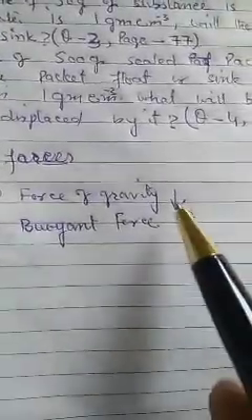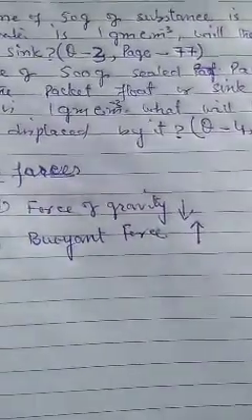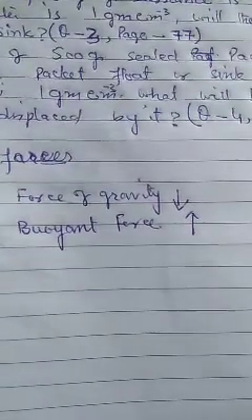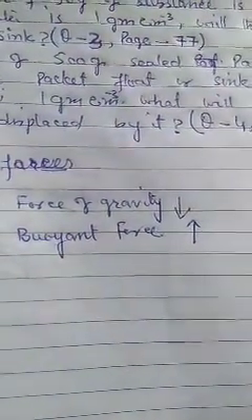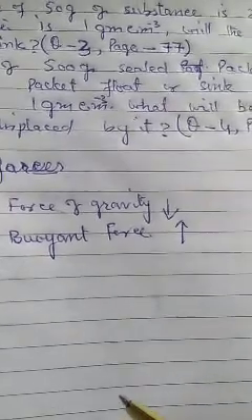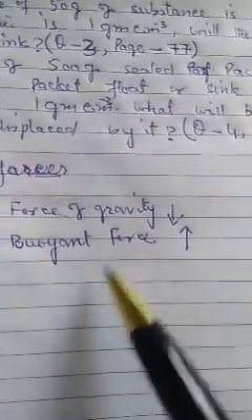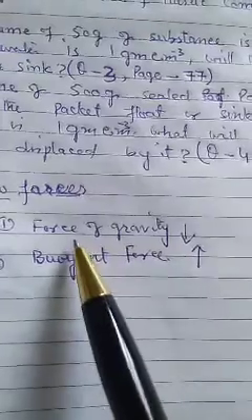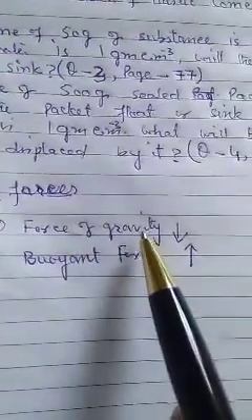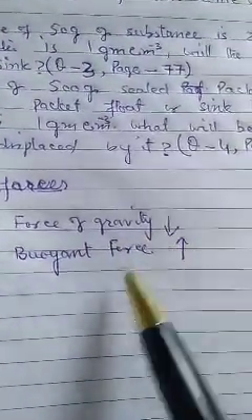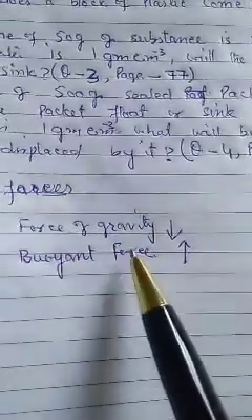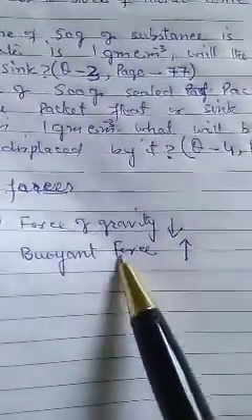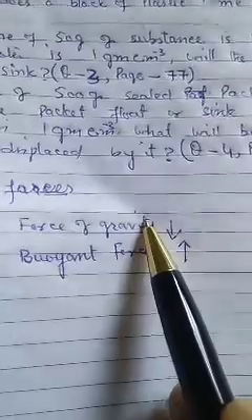It's quite simple, because force of gravity pushes it downwards, whereas buoyant force pushes it upwards. The object will sink if force of gravity is more than buoyant force. The object will float if buoyant force is more than force of gravity.